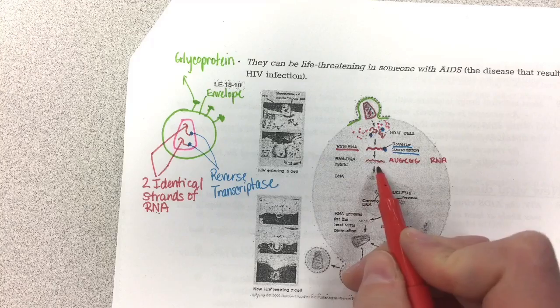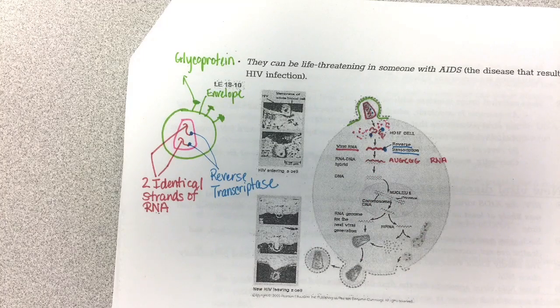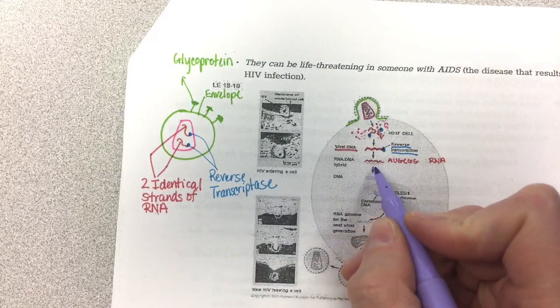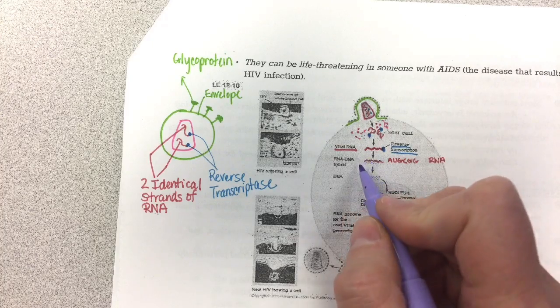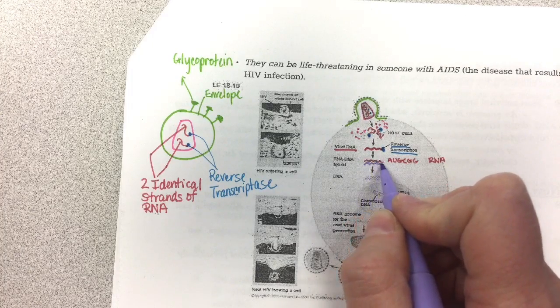What the cell does, let's do a different color, let's do purple, is use that to put the matching bases, not RNA bases but DNA bases, or nucleotides, here. So we're going to build a DNA strand from that.